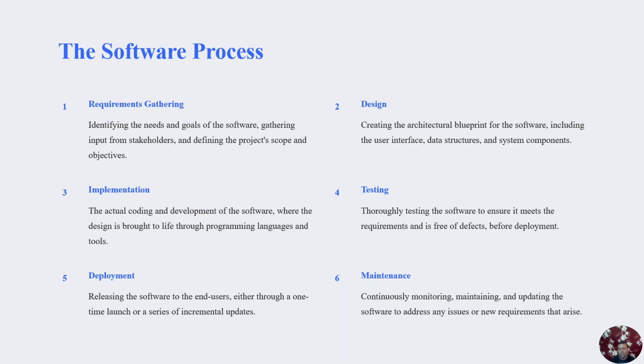Implementation. The actual coding and development of the software, where design is brought to life through programming languages and tools. Testing. Thoroughly testing the software to ensure it meets its requirements and is free of defects before deployment.